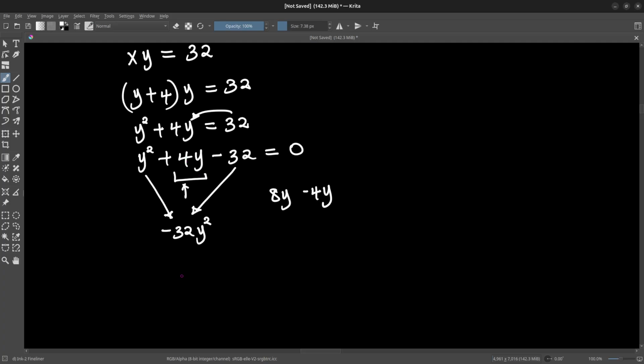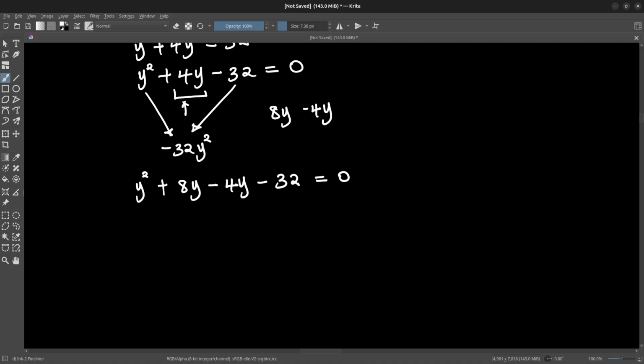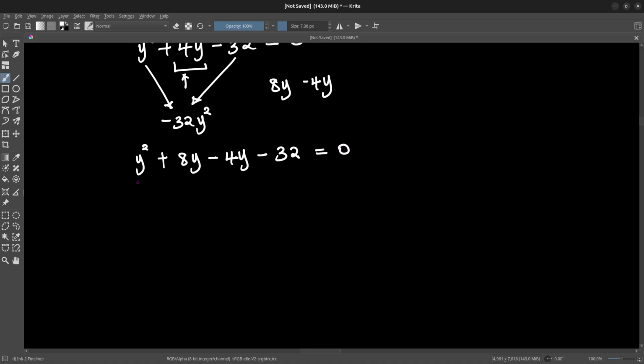So the center term now becomes 8y minus 4y. Then we of course have the minus 32, and on this side we have y squared. This is all equal to 0. Now let's take the terms in pairs. This is the first pair and this is the second pair.